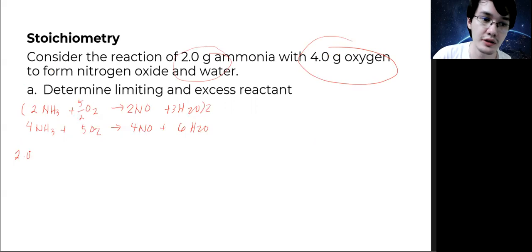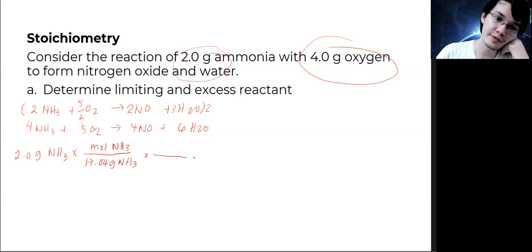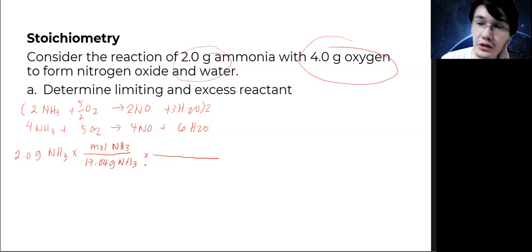Using 2 grams ammonia, we convert it to moles of ammonia using the molar mass of ammonia. Then we make use of the chemical equation for the ratio to convert between two substances.